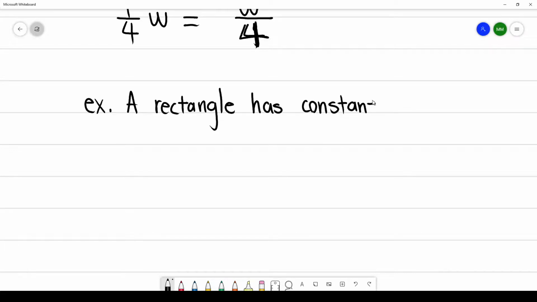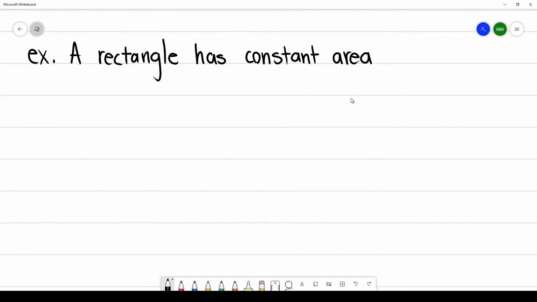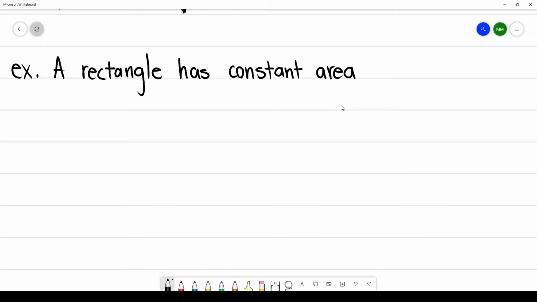I'm going to challenge you guys to not use numbers, instead use a concept. So constant area, what does this mean?